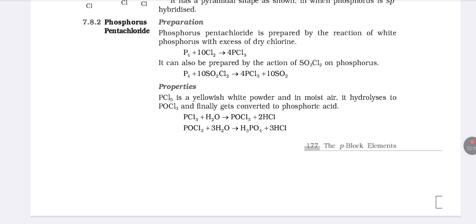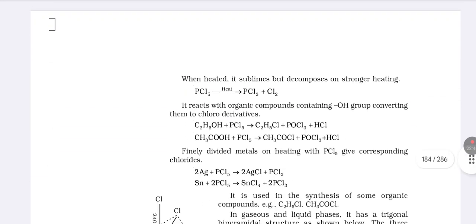Phosphorus pentachloride preparation. Phosphorus pentachloride is prepared by the reaction of white phosphorus with excess of dry chlorine. It can also be prepared by the action of SO2Cl2 on phosphorus. Properties. PCl5 is a yellowish white powder, and in moist air it hydrolyzes to POCl3 and finally gets converted to phosphoric acid.